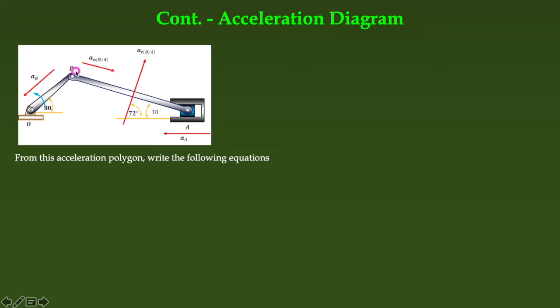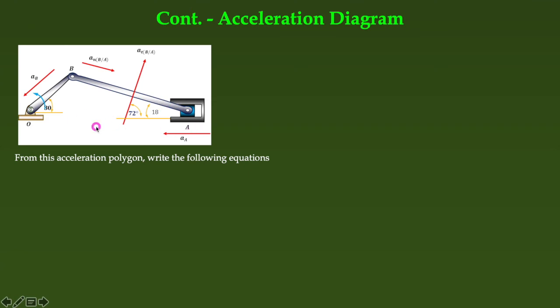The normal component is along the link. The tangential component is normal to this, and this value of 30 degree is given, and we calculated this should be 18. Already this is calculated. So this angle is 18, and it is 90 minus 18, so 72 degree. And the piston is moving left while the crank is anti-clockwise, so due to this connection it is moving left.